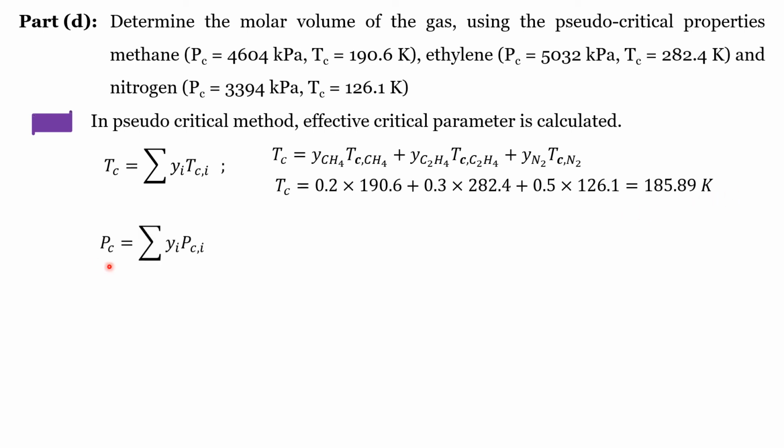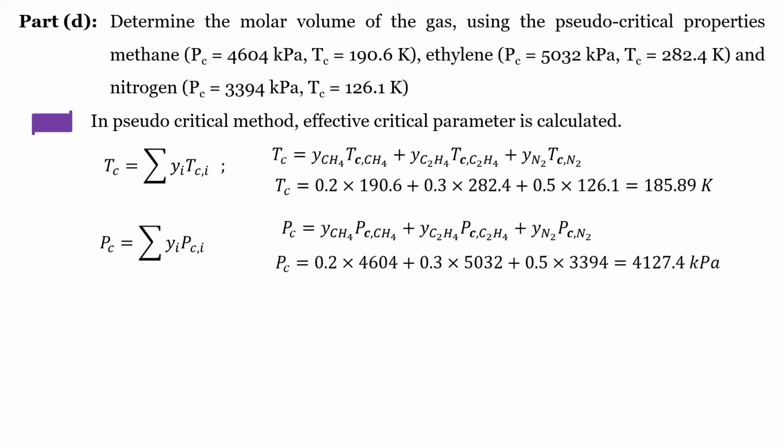Now we can estimate the critical pressure for gas mixture. So we can expand this equation, and after putting all values we will get the PC, critical pressure for gas mixture, which is 4127.4 kilopascal.